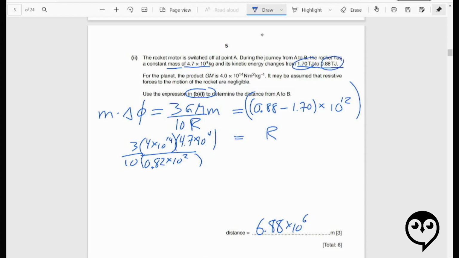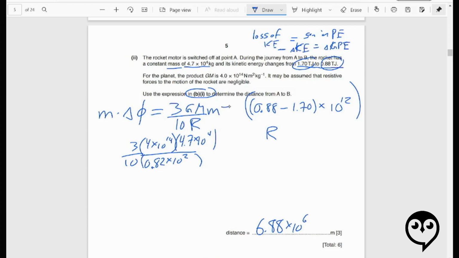What we should really be looking at is, we know that the loss of kinetic energy is equal to the gain in potential energy, isn't it? So the change in kinetic energy is equal to the change in gravitational potential energy. But you might be saying to yourself, well, wait a minute, if it's a loss in kinetic energy, it's actually a negative. So you'll need to put a negative out in front.